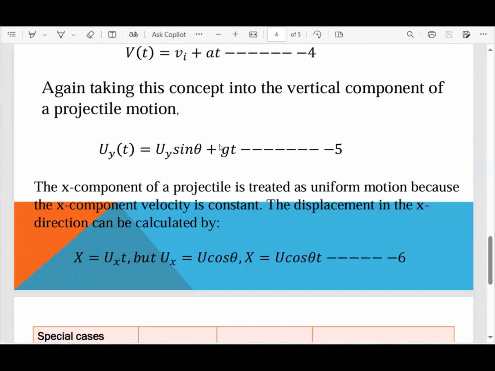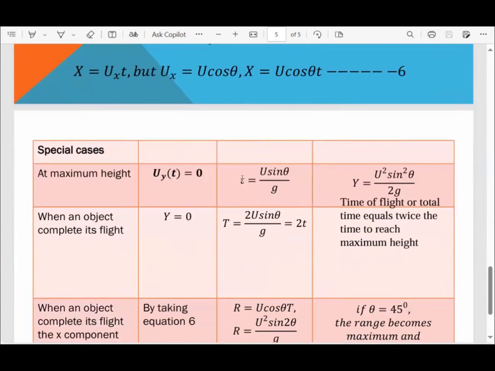But we know that the value of acceleration due to gravity is negative. When we take this part into the left side, it becomes u sine theta is equals to g t. So t is equals to u sine of theta over g. That is why t is equals to u sine theta over g here.